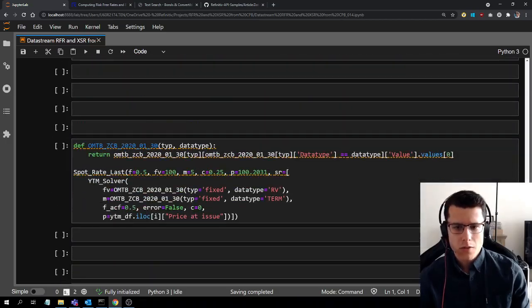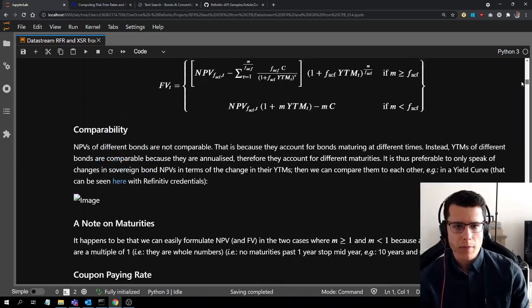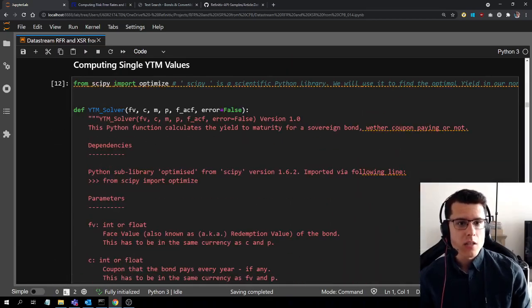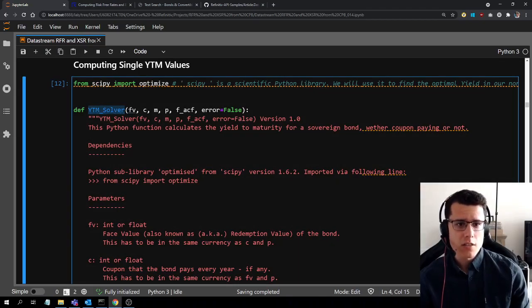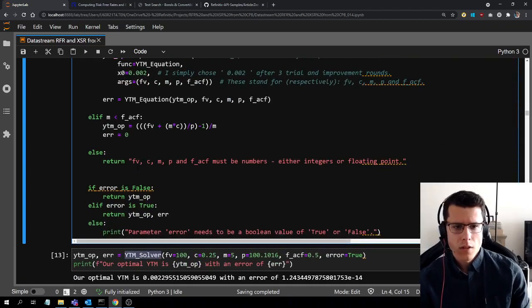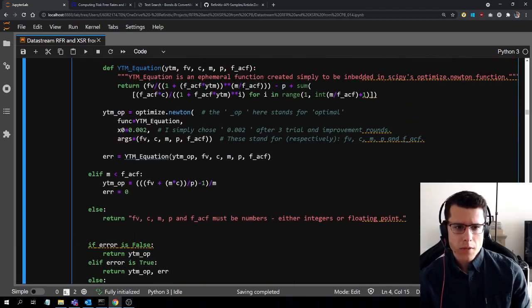But if I show you, if I go back up, the way in which I figured out this error specifically is through my function. I created this yield to maturity function solver. And it gave me my error here.